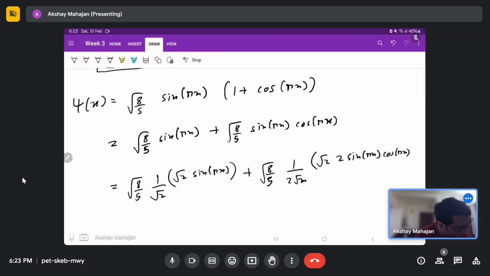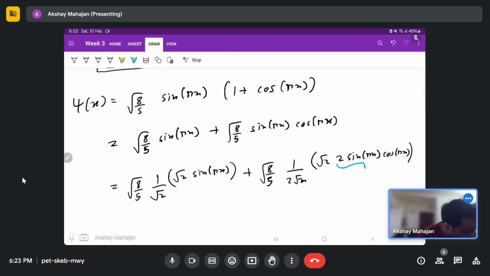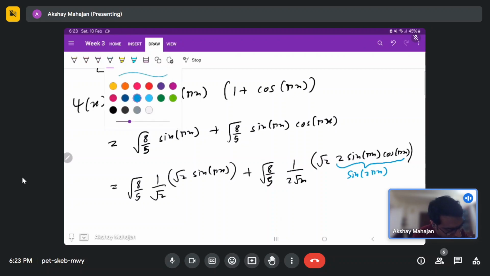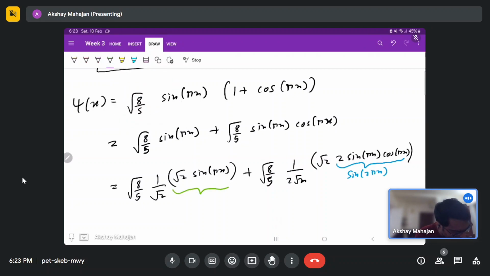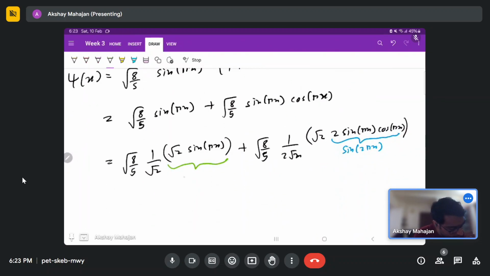Now this is like 2 sine theta cos theta, so you get sine 2 pi x. Root 2 times sine pi x is our psi 1 of x, and root 2 times sine 2 pi x is psi 2 of x.